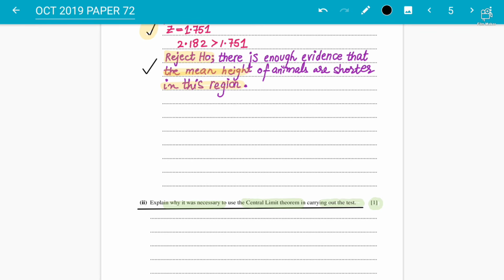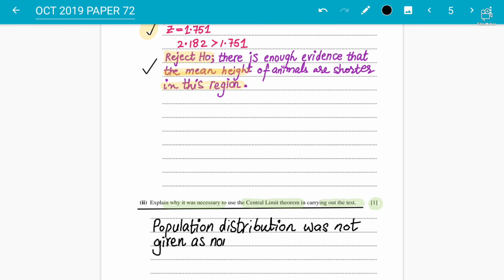So we have to tell the examiner that the population distribution was not given as normal. We just have to make a statement that it was not given as a normal distribution.